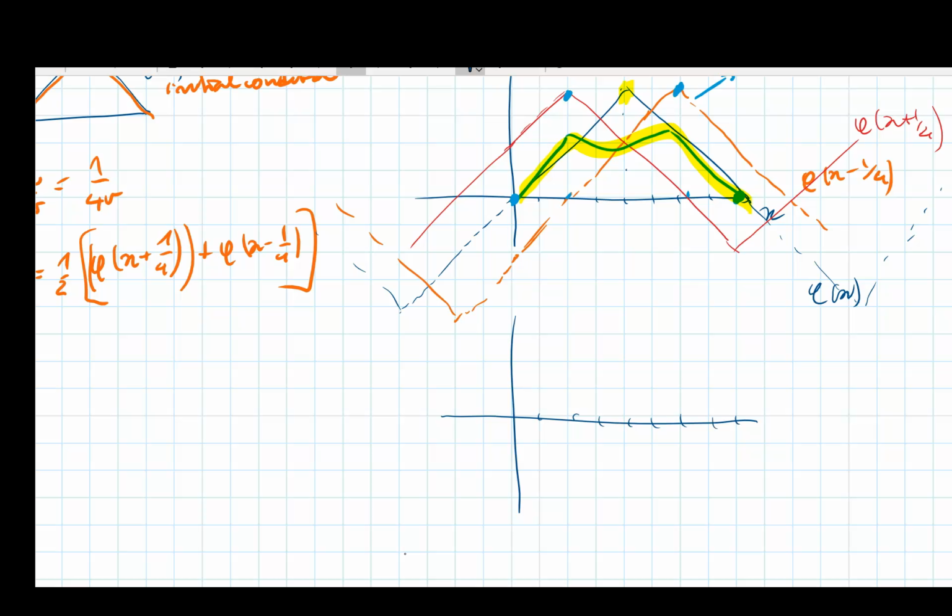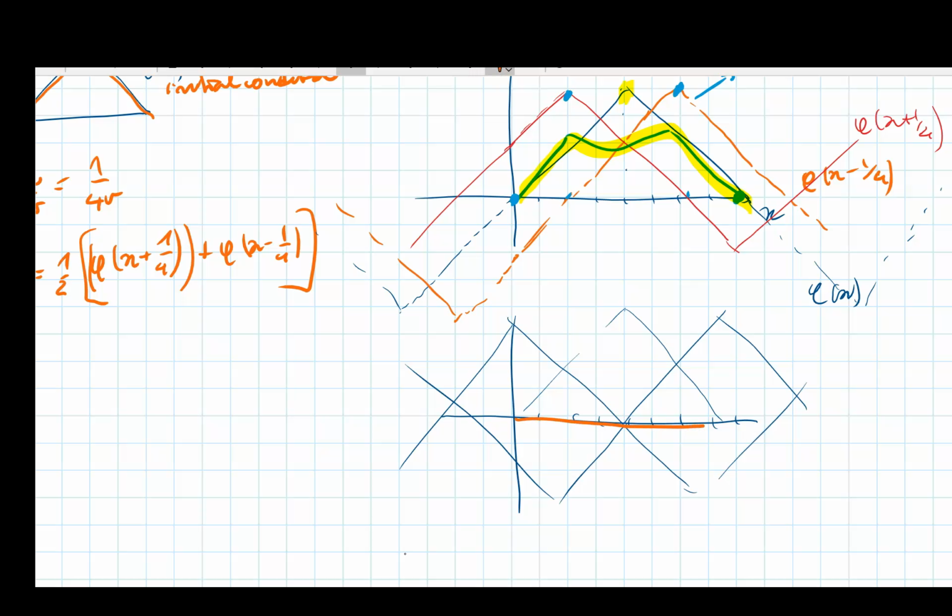My initial function was looking like this. If I'm doing a shift, it's a complete shift like this on one hand, and a complete shift like that on the other hand. And what do you get? The average is just going to be equal to 0. So this is u of x at T over 4.